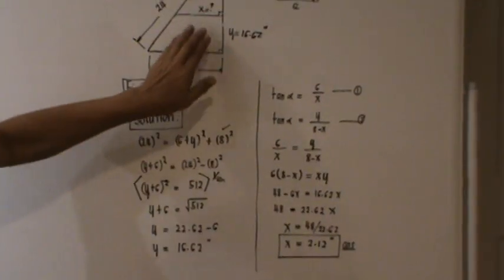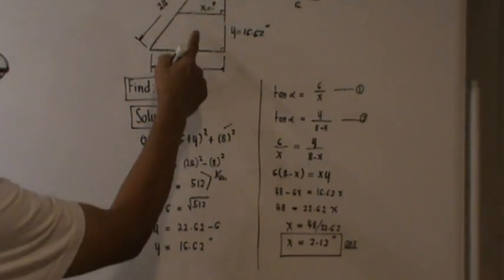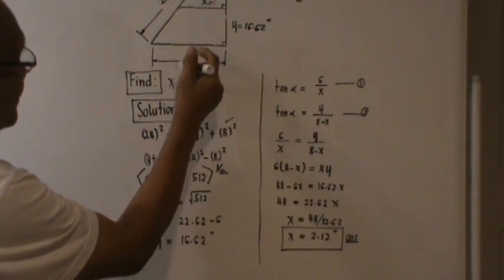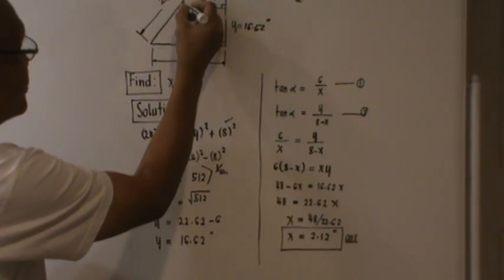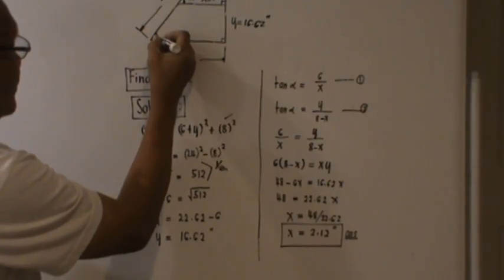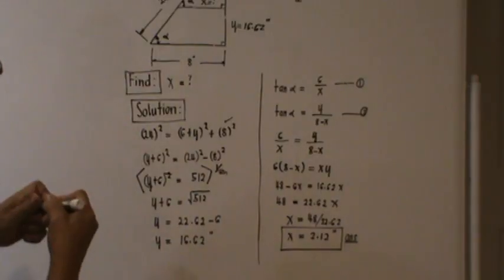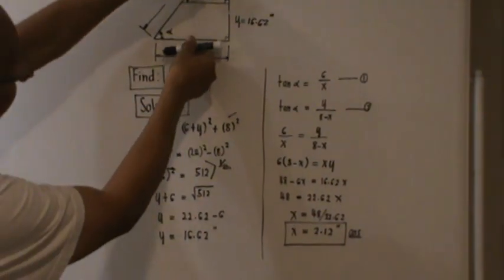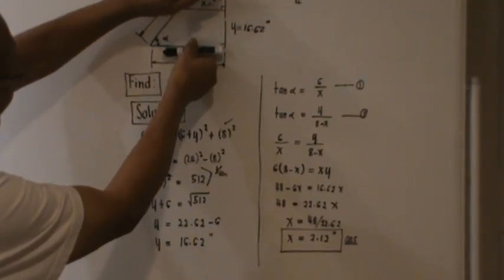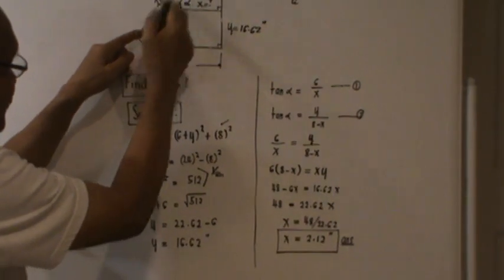Okay, so to compute now for the value of x, since x here is parallel with the base, if we try to designate this one as alpha, the lower angle should still be alpha. These two lines here are actually parallel with each other, and this line here is just the same line from this portion up to here.